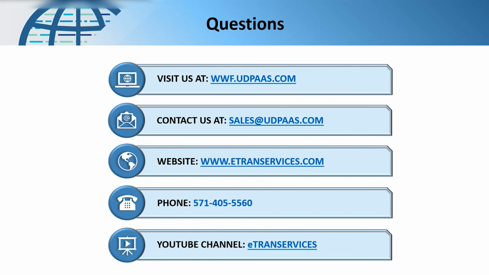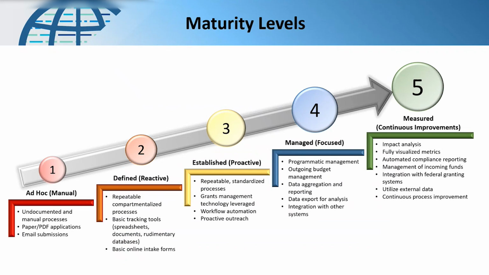All right, it looks like we have a question in the chat. Can we get an assessment of what level we are in our company, and if so, how? And the answer is yes. So it's very important to understand where you are today and where you want to achieve.